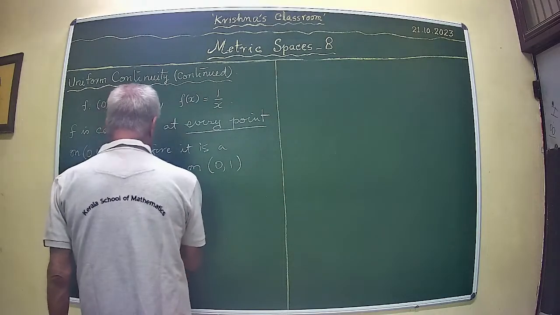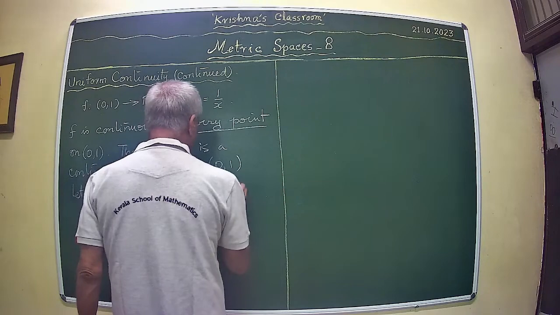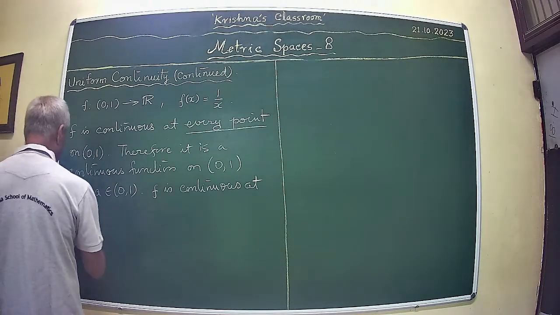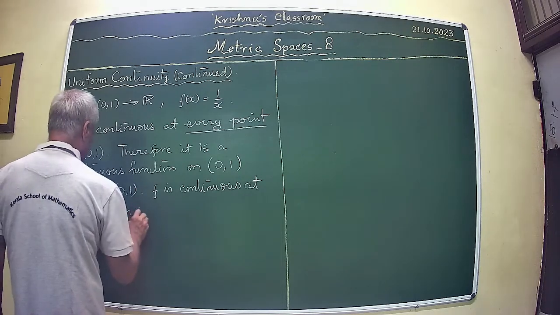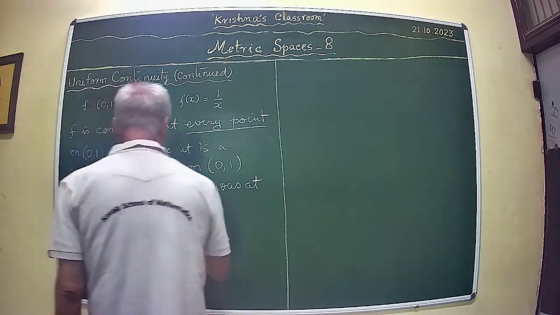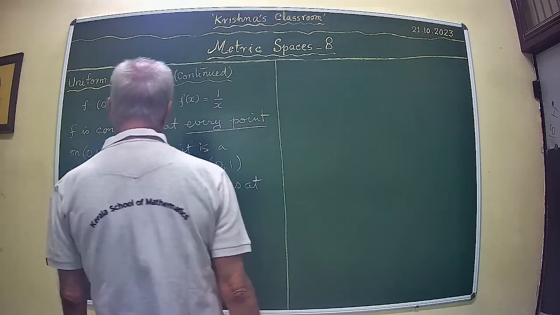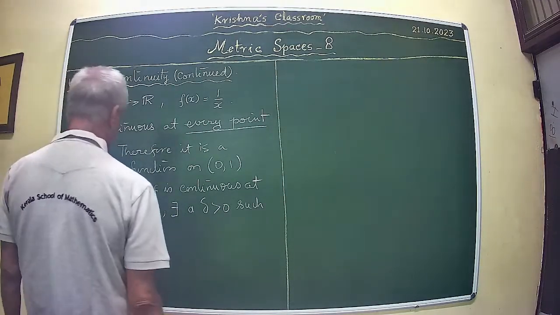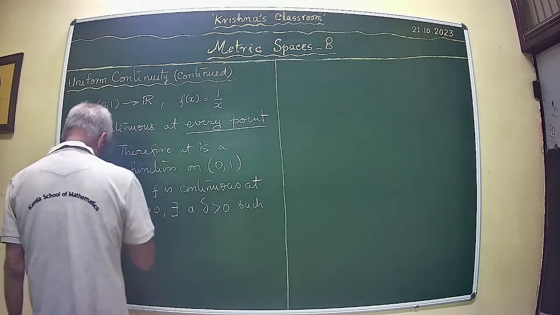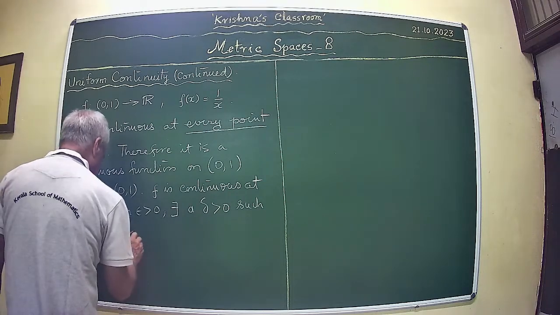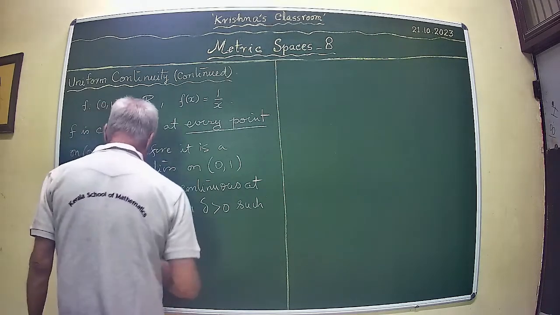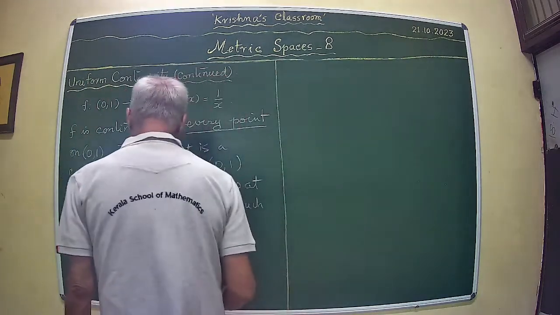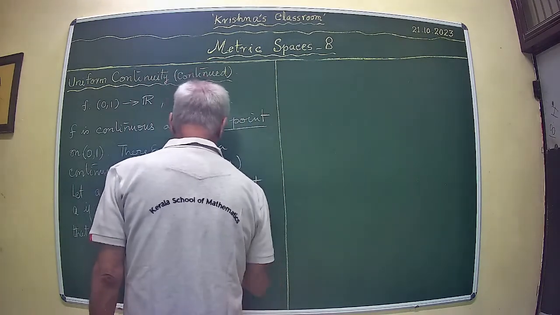We say that f is continuous at a if, given epsilon positive, there exists a delta positive such that mod x minus a less than delta, x in (0, 1), implies mod f(x) minus f(a) less than epsilon.